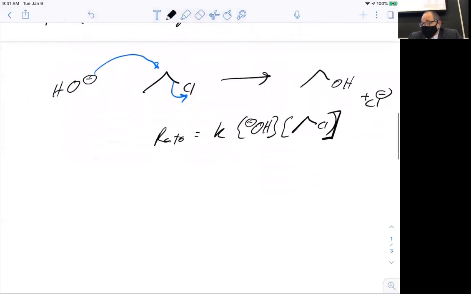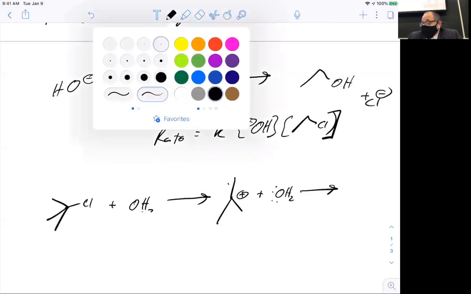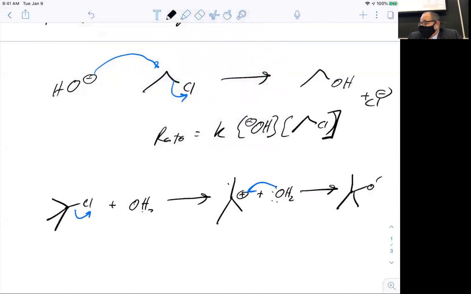If we looked at our other example, if we look at something like this, if we found the rate in this reaction, and again, this would be experimental, if we found that it was only the concentration of that alkyl halide, then what that's saying is that the rate determining step doesn't have water involved, right?